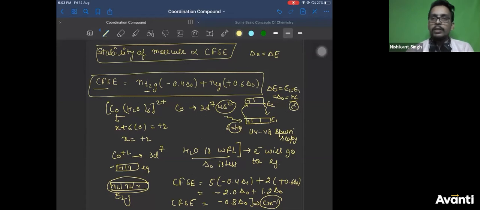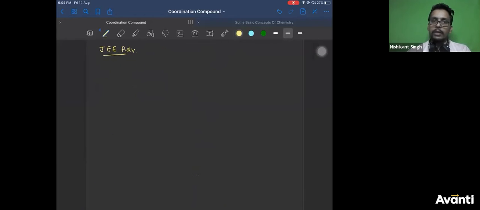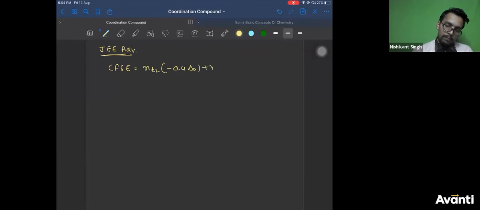I told this in the introduction slide also, in revision. So for JEE Advanced, you have to write CFSE as the number of electrons in T2G into minus 0.4 delta O plus the number of electrons in EG into plus 0.6 delta O. This is fine.